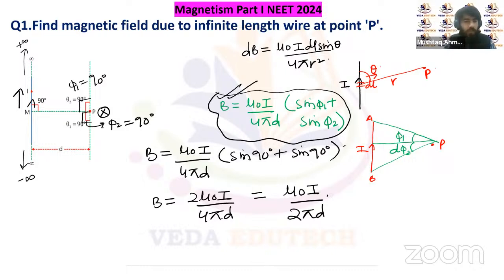And the magnitude of this magnetic field will be mu naught I upon 2 pi d, right? So the magnetic field of this current carrying wire will be mu naught I upon 2 pi d.